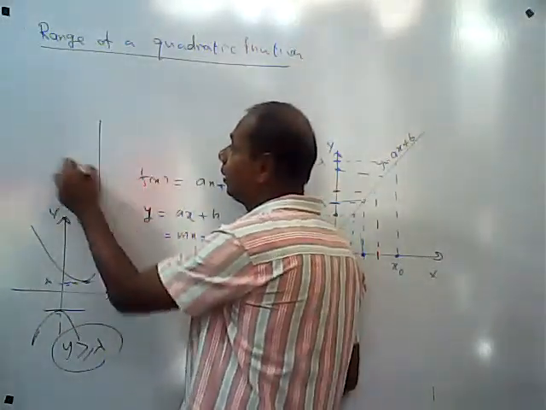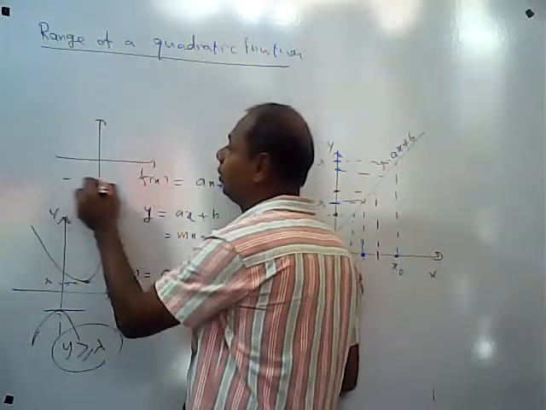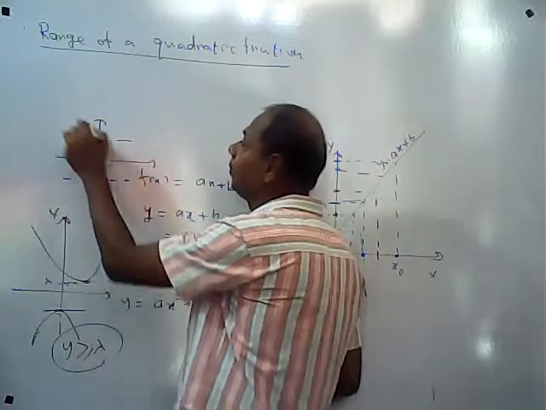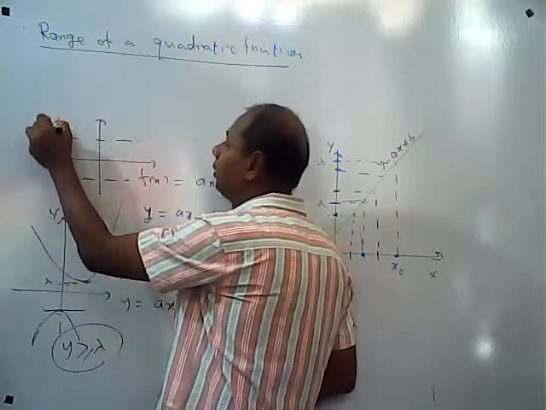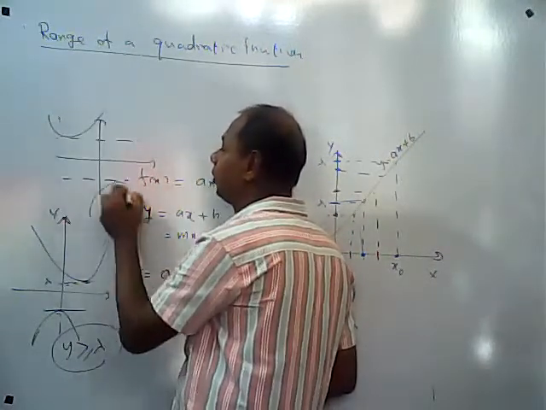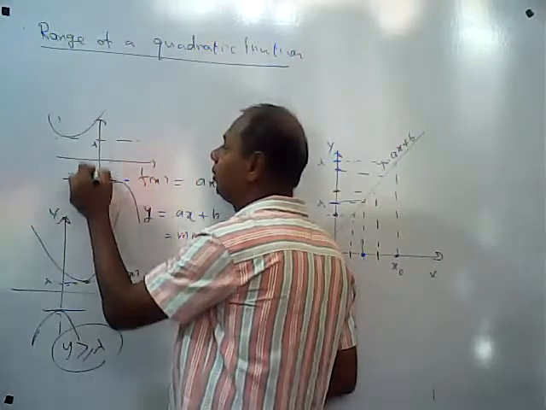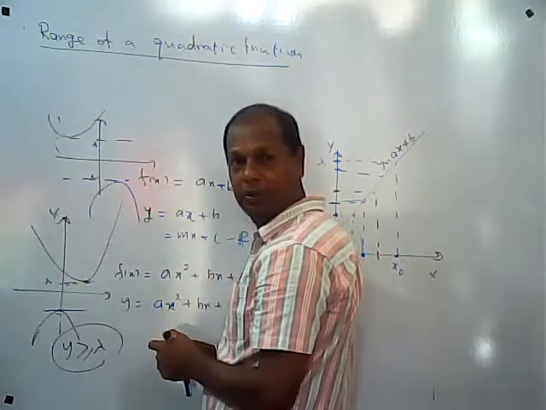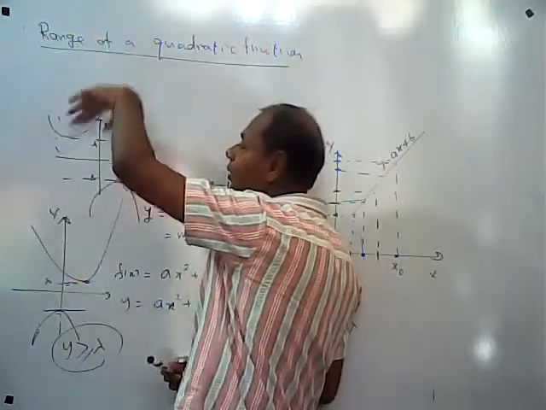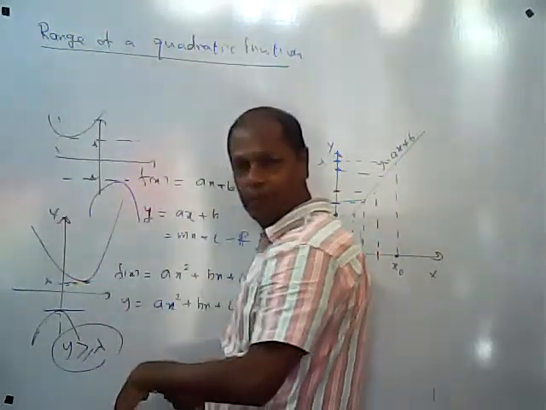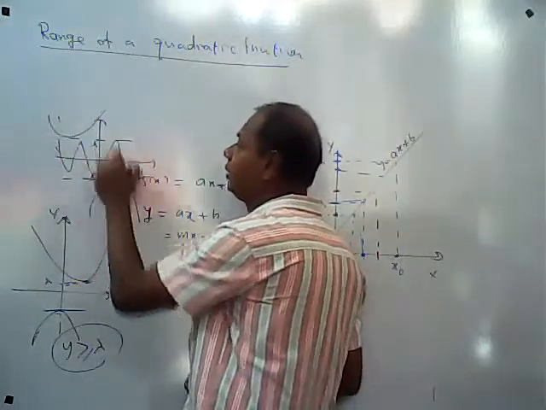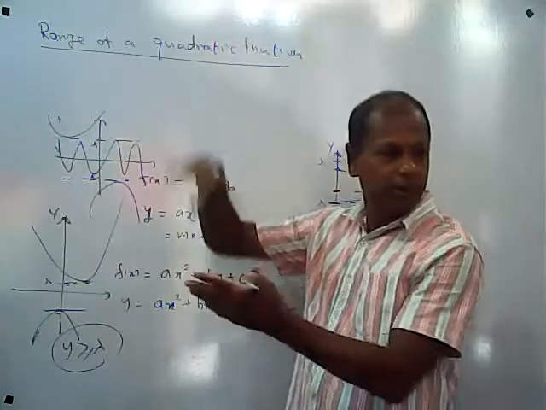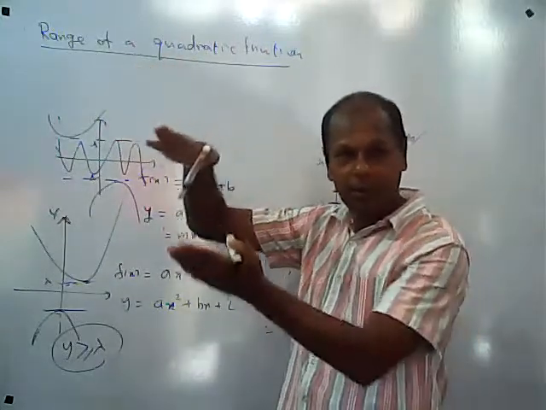Or for a rational function, it doesn't assume values between some two boundaries, only values above some boundary and below some boundary, right? Or sometimes it can fall only within some interval.